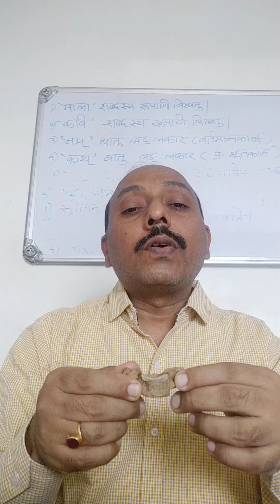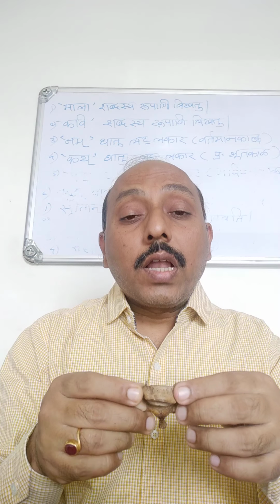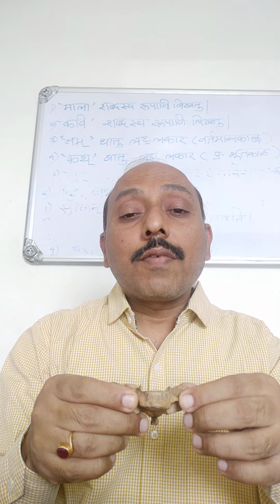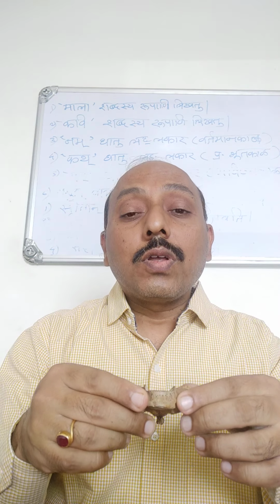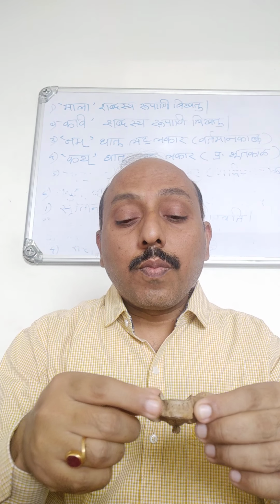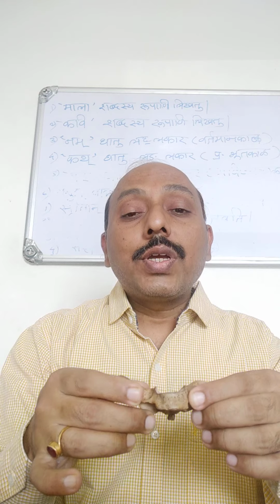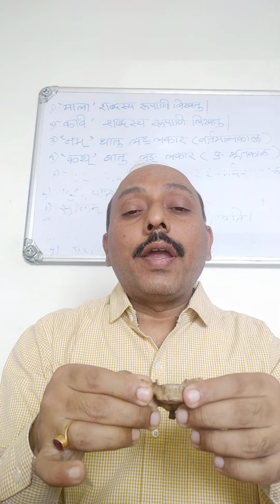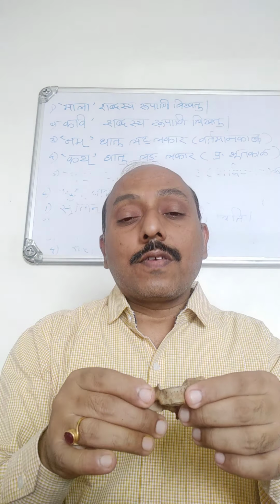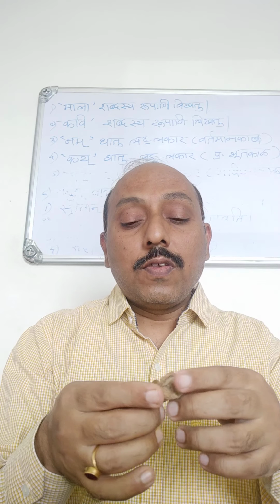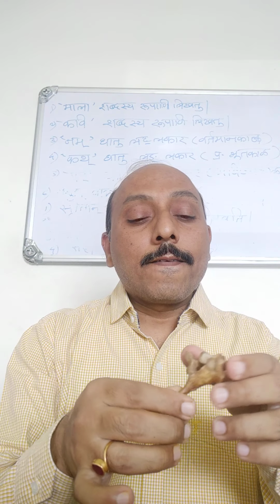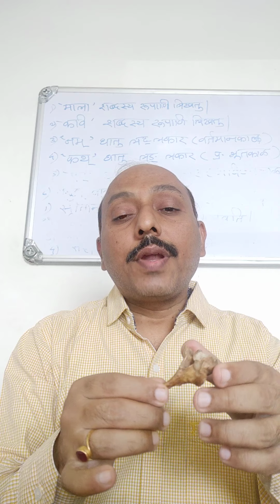So this is the applied anatomy of C7, the vertebra prominens.